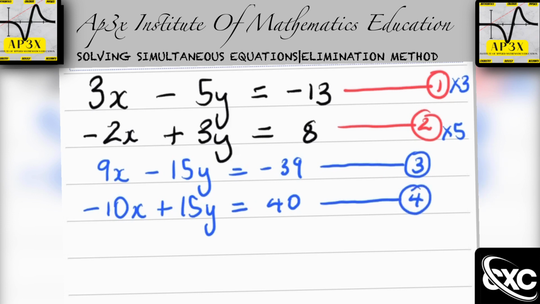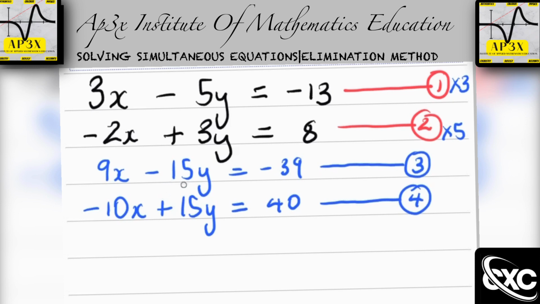Now that I have a third equation and a fourth equation, I now need to decide, should I add equation 3 to equation 4 or should I subtract equation 4 from equation 3? Well, that heavily depends on whether the signs of the equalized terms are the same or different. And according to the rules that we discussed in the earlier part of the video, we definitely stated that if the signs are different, we're going to add.